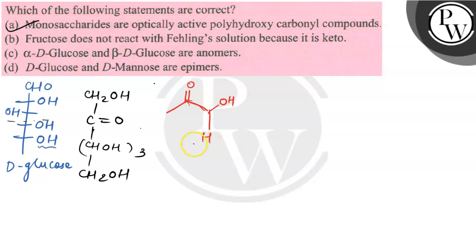So what happens here is when OH negative will act over here, the H2O, that is water, will be removed. Okay, so this compound is known as alpha hydroxy ketone.